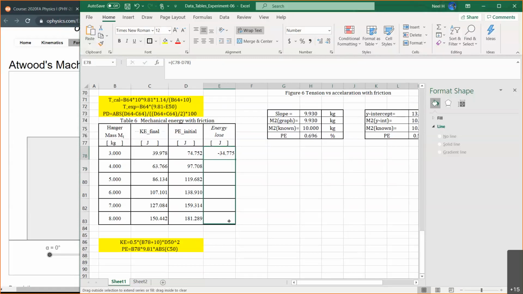And click and drag, that will do the energy loss. Okay, this is delta E, or you can just say energy loss. Energy loss. Okay, equation.